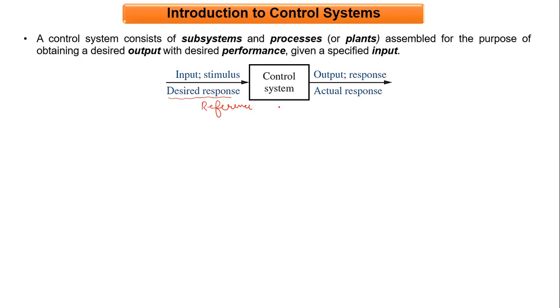However, ideally we want a control system to give us the desired response, right? For example, if I have a control system which is to control the temperature of a room, and the desired value is 25 degrees centigrade, then this control system shall maintain the temperature of the room at 25 degrees centigrade only.